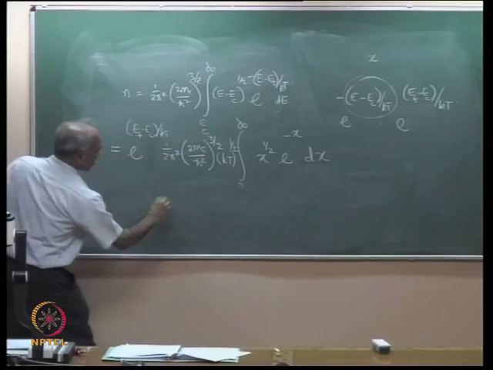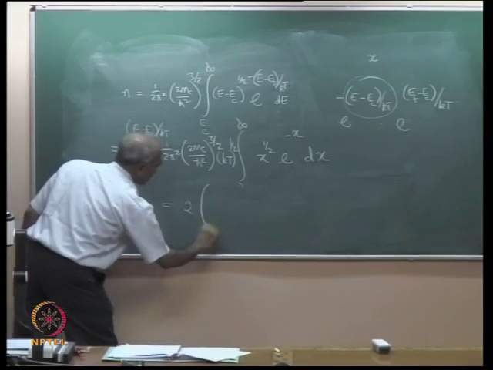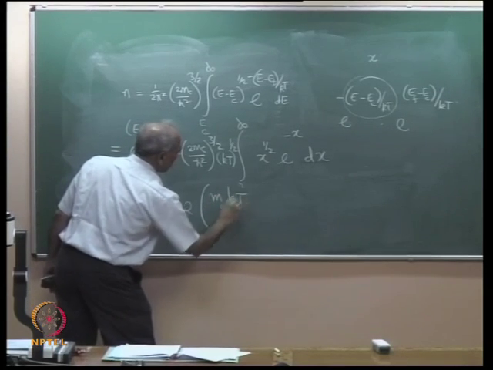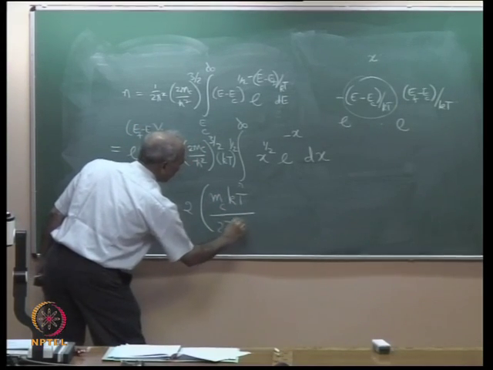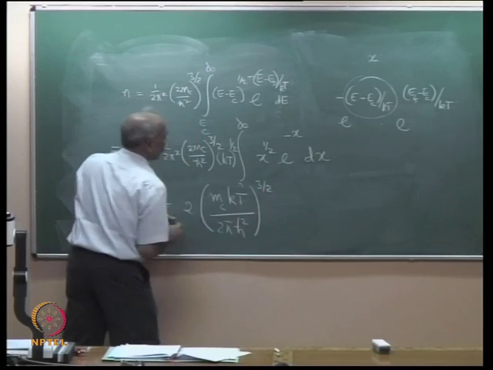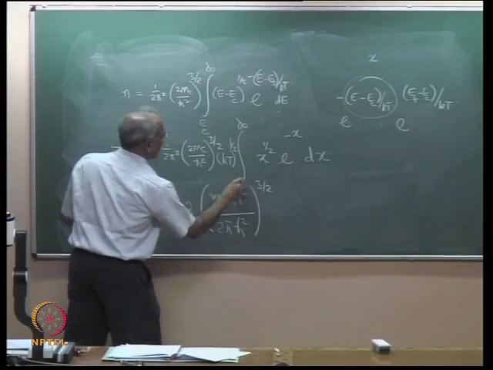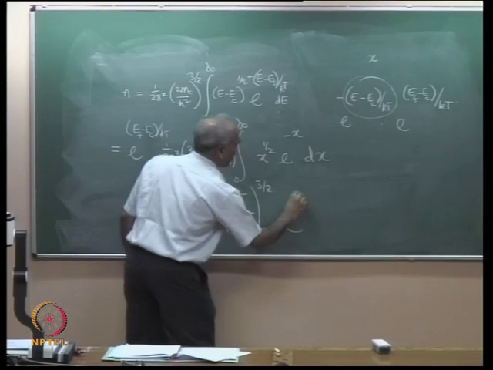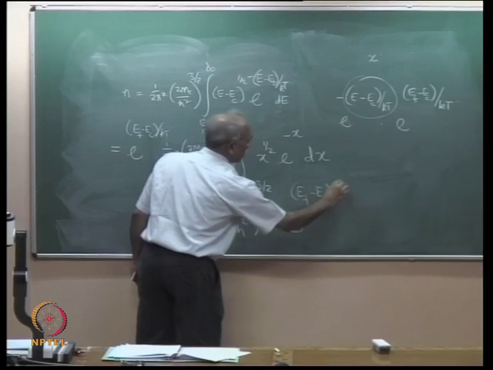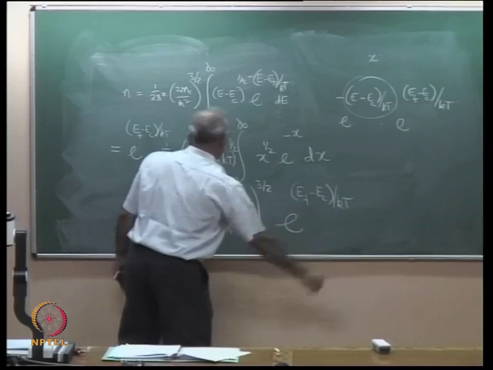So simplify this. You should be getting an expression like this: mc KT by 2 pi h cross square to the power 3 by 2 into e to the power EF minus EC by KT.